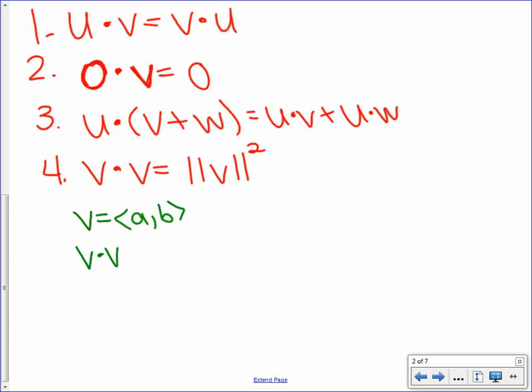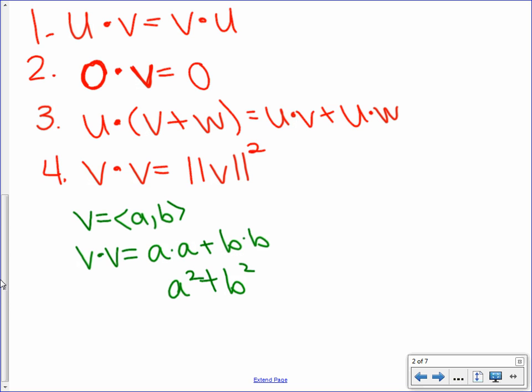How would we take the dot product? A times a plus b times b. A squared plus b squared. That's what's under the radical for the magnitude, correct? So the dot product is the same thing as the magnitude squared.